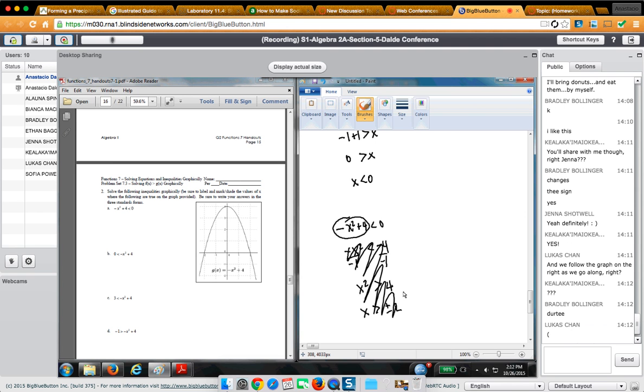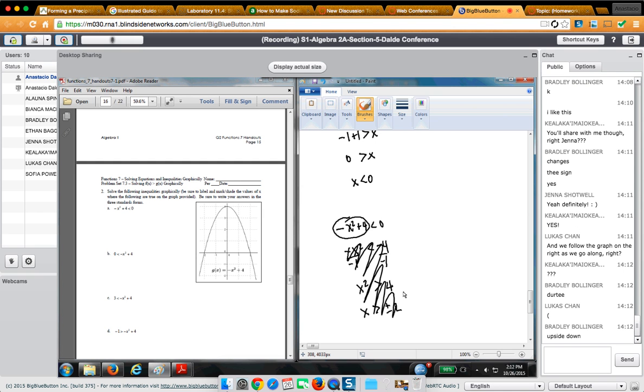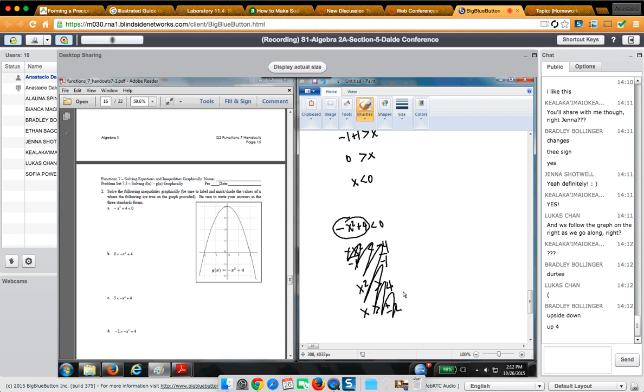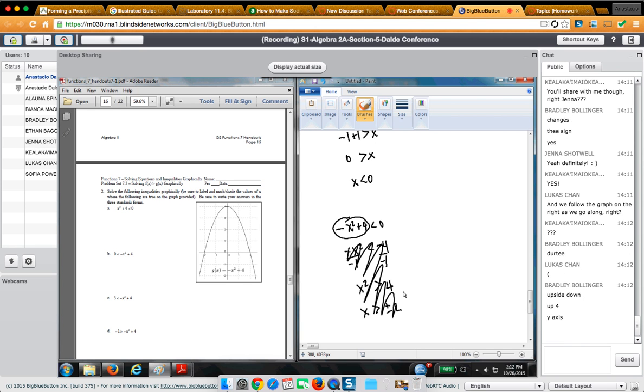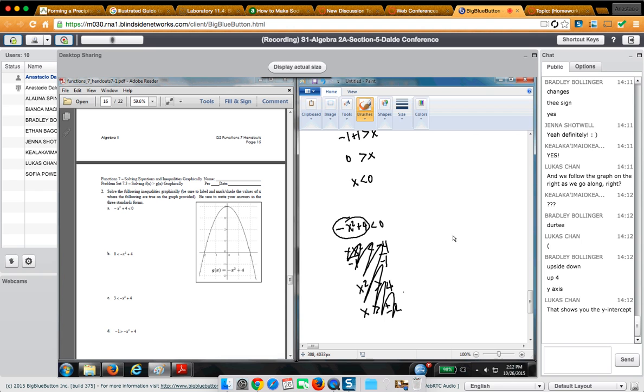It's a sad face. Okay. What about the 4? What does the 4 do? It moves it up by 4 on the y-axis. Okay, good. So if I were to graph that, that's pretty simple to graph. 1, 2, 3, 4. I'm looking at something like that. We cool?